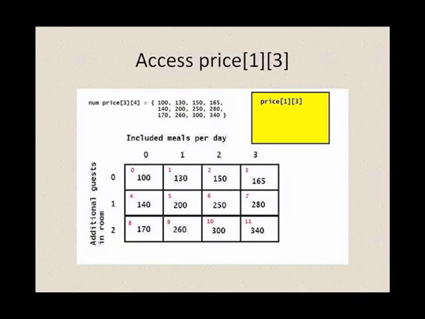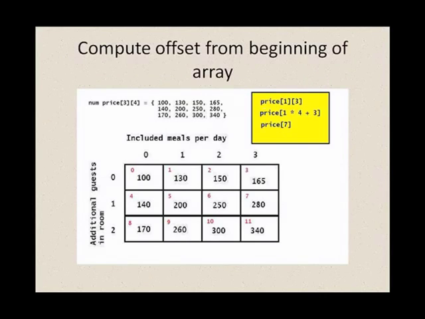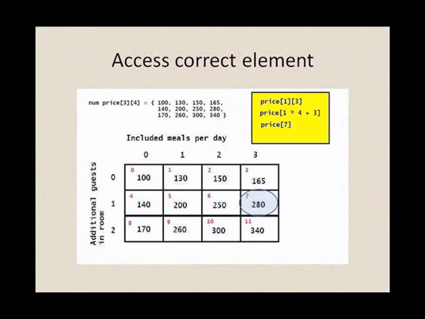When you access an element such as price 1, 3, the computer knows that each row has 4 elements in it, so it calculates the subscript, in this case as 1 times 4, because there's 4 elements in a row, plus 3 more. That's the same as location 7, and that's the $280.